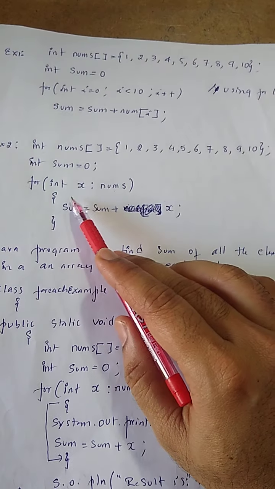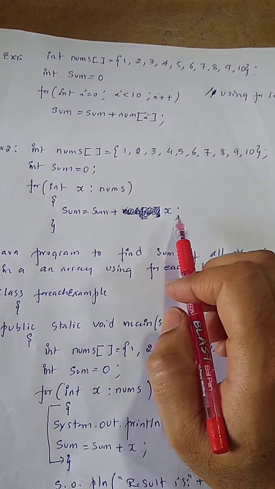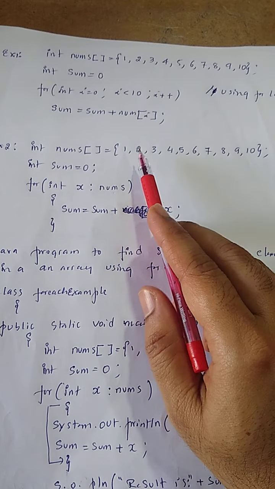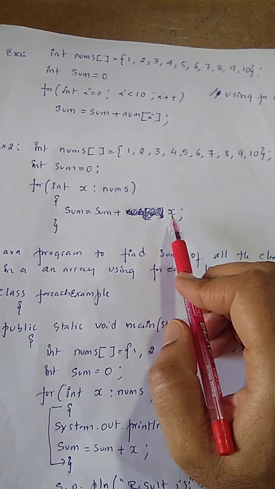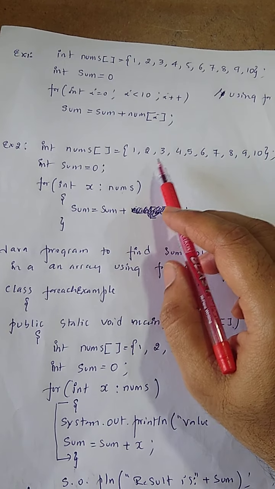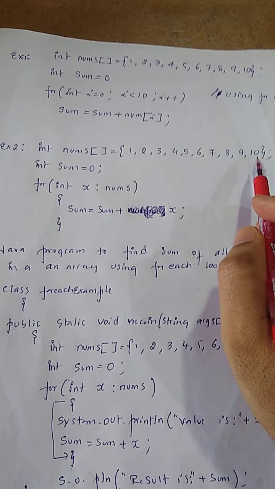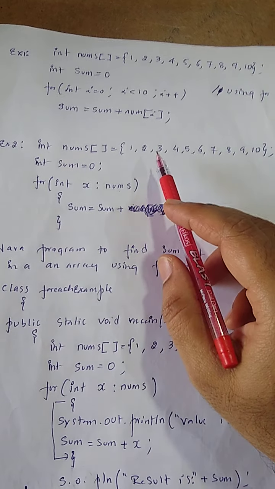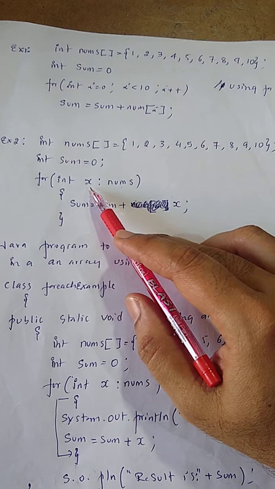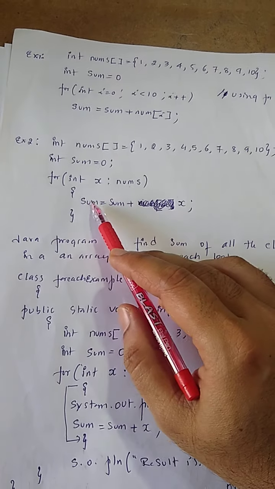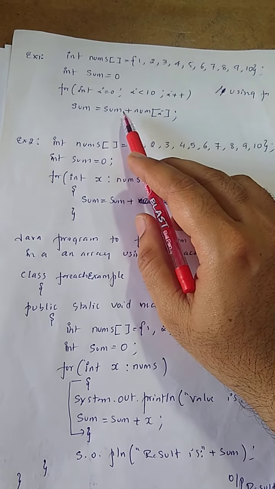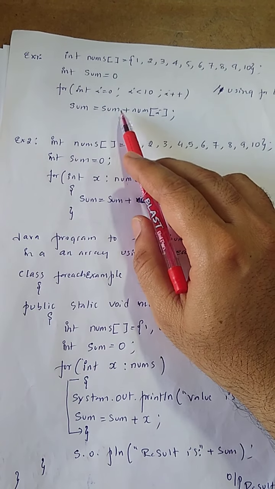So in the first iteration x gets the value 1, which will be added with sum. In the next iteration it will assign 2, which will be added with sum, and so on up to the last value 10. We will get the same output as the previous program that used a for loop.